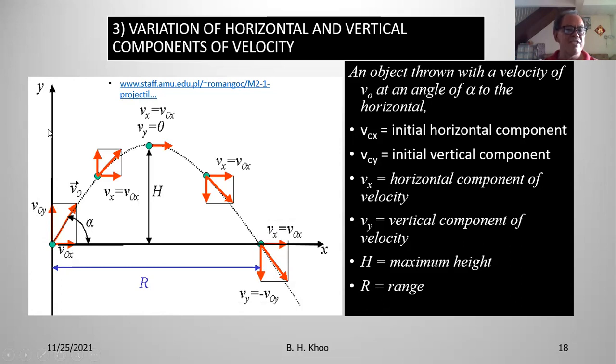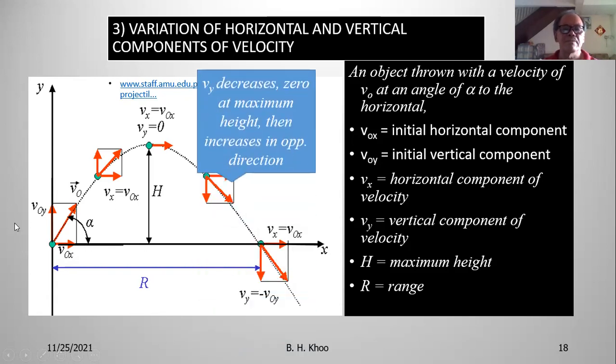Vertically, it is decelerated when it goes up. Coming down, the same acceleration, except going up it is deceleration and coming down it is acceleration. The range is just the distance traveled from start to where it reached the ground. So Vy, the vertical component, decreases to 0 and then changes direction.